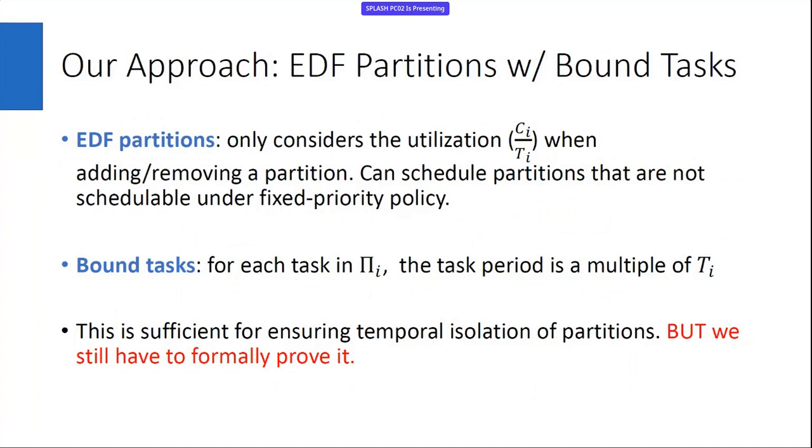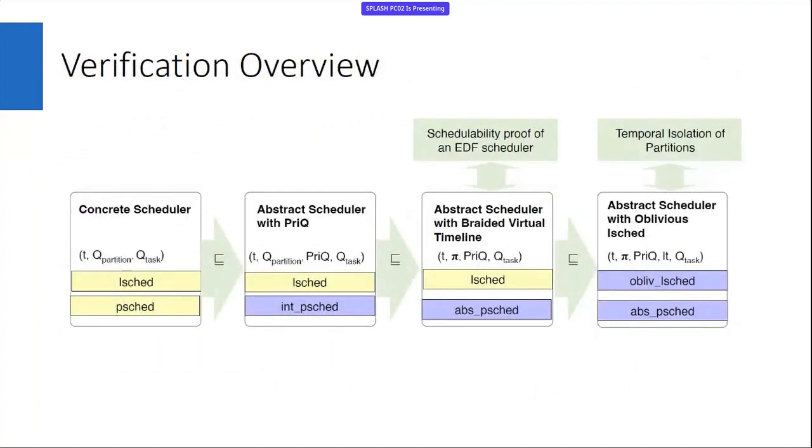What I'm going to talk about next is how we formally prove this. The overview of the proof starts with a very concrete scheduler. We have the partition scheduler and the partition local scheduler, so inside each partition we have a local scheduler. We are going to show, through a sequence of refinements, that it refines some abstract scheduler, the EDF partition scheduler.